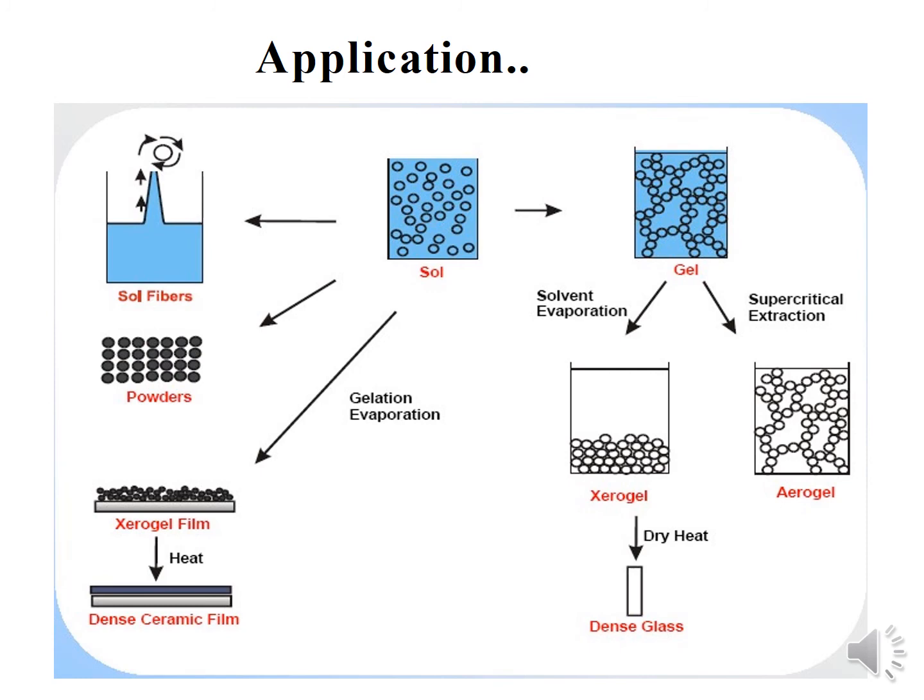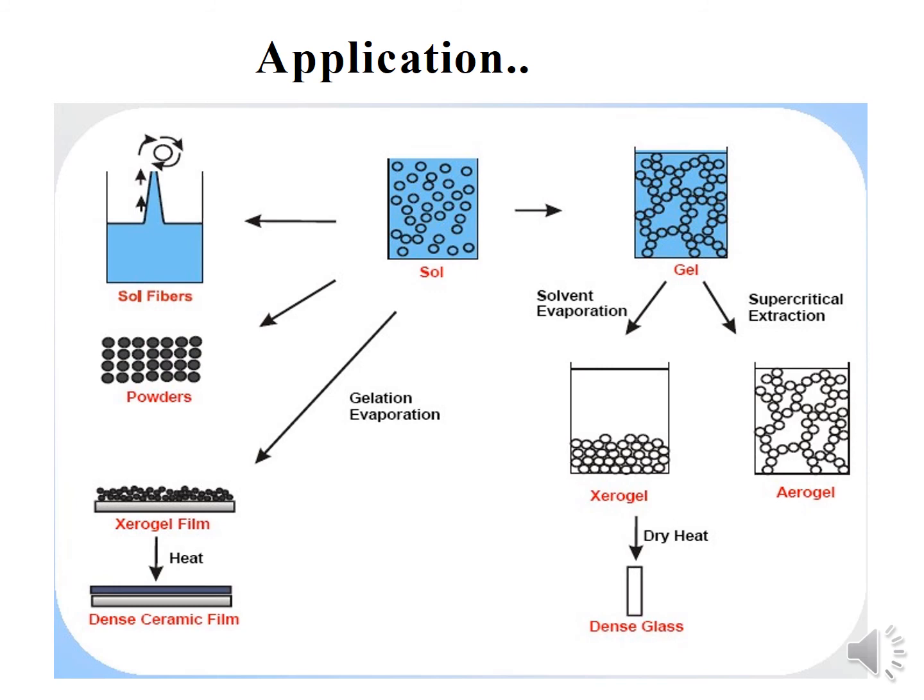Application of sol. Sol gives rise to fibers and powders, and by gelation and evaporation it gives rise to xerogel film, and xerogel film upon heating gives rise to dense ceramic film.